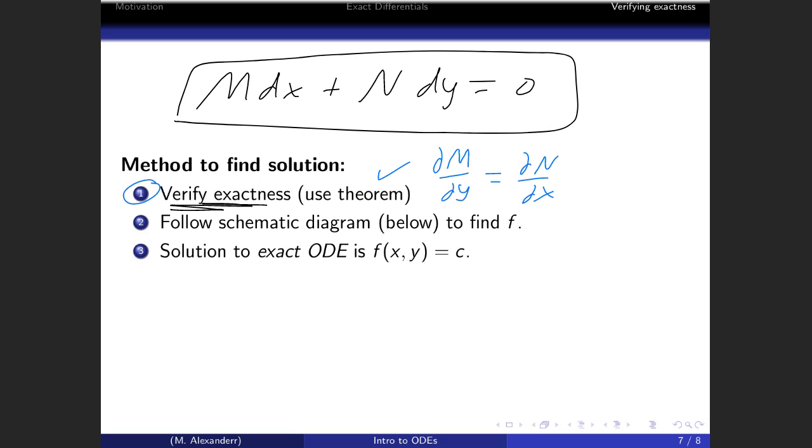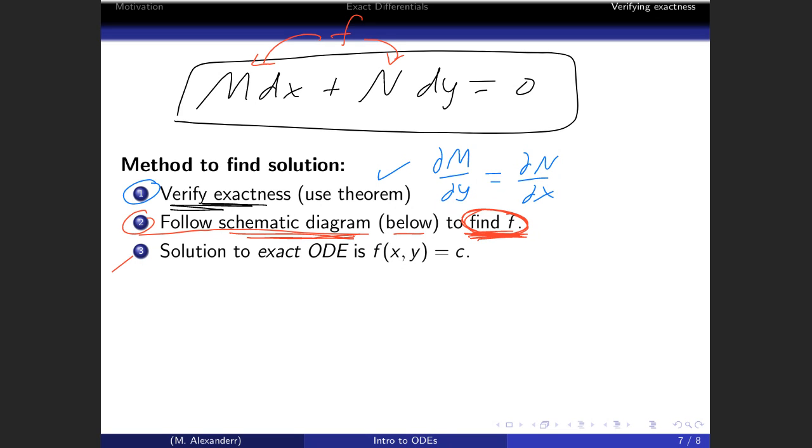Now step number 2 says to follow the schematic diagram or the picture below to find the F. The key word here is: find the function F. Step number 1 was basically saying, yes, there is some function F that will give you the M and then the N. Step number 2 is saying find the F. That's what I want to show you on the next slide.